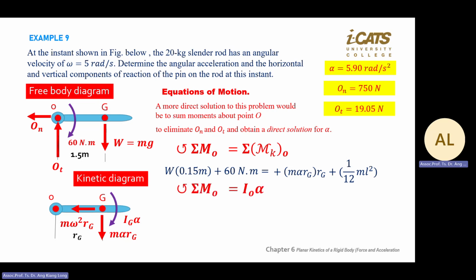Okay, and another backup equation, moment at O, you can use IO alpha. Again, IO here is I equal to MD square, referring to O. So IO equal to IG plus MD square. In this case, you are using the R. This is just a backup equation, just in case the previous equation does not help you solve.